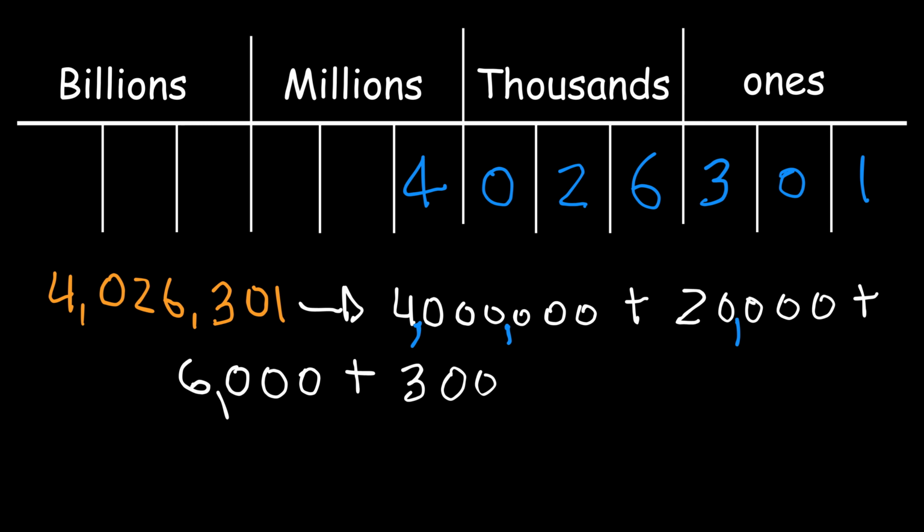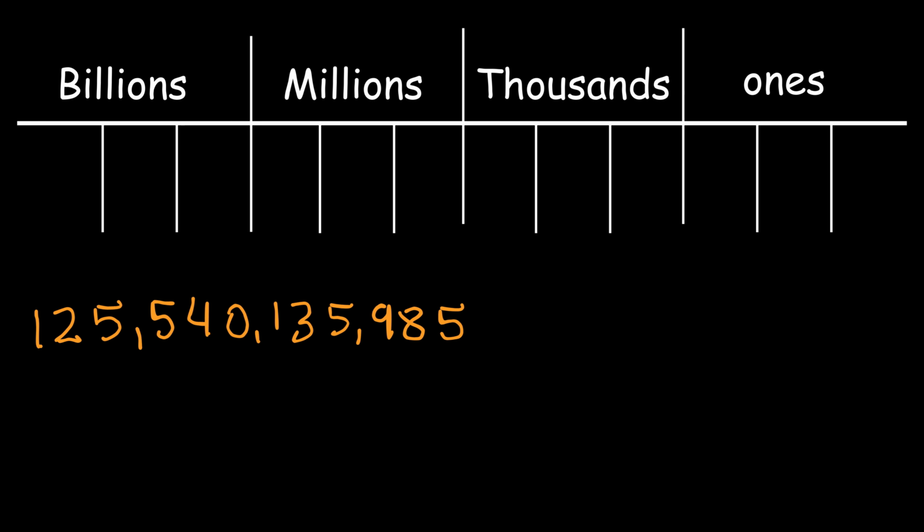And the 0, well, has no value. Next is the 1, which simply means that there is 1. So if we add 4 million plus 20,000 plus 6,000 plus 300 plus 1, it should add up to 4,026,301.